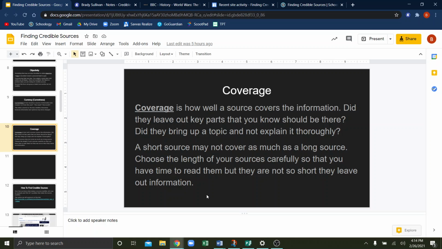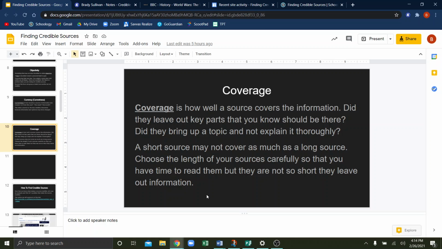I know the game. I've been a middle schooler getting research projects. I know that you're going to go and you're going to search for the shortest possible source. You're going to look for things that require the least amount of work. I get it. I understand. But make sure that what you read is long enough that it's actually useful. Okay? If it's only 4 paragraphs, it's probably not long enough to be useful.